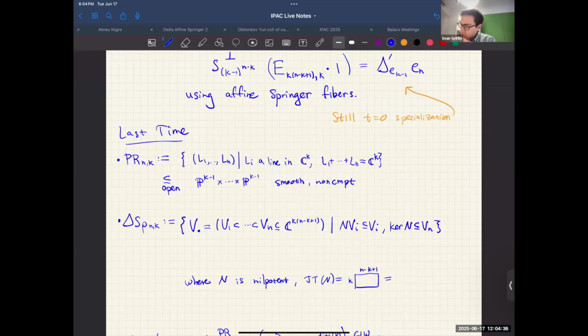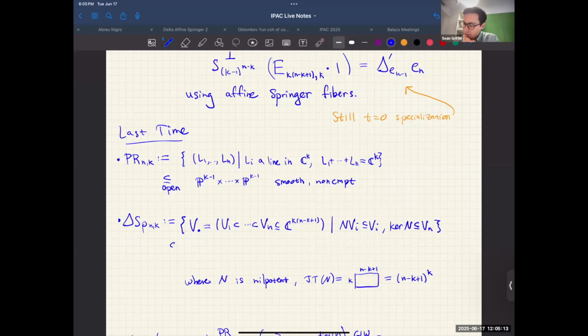I might sometimes denote this partition in this notation, so all of the parts are size n minus k plus 1, and the exponent just means repeat that k times. And then we have these extra conditions where the nilpotent operator sends the ith subspace into the ith subspace, and that the kernel, which I visually explained as the span of the vectors on the right-hand side, is contained in the nth subspace.